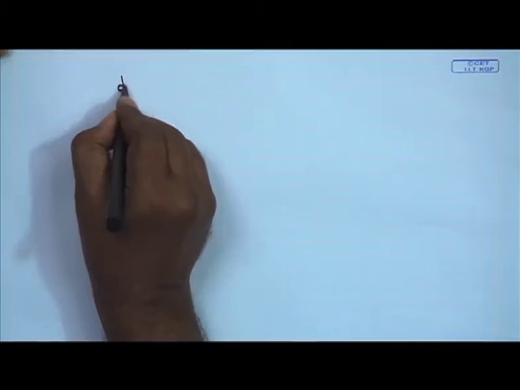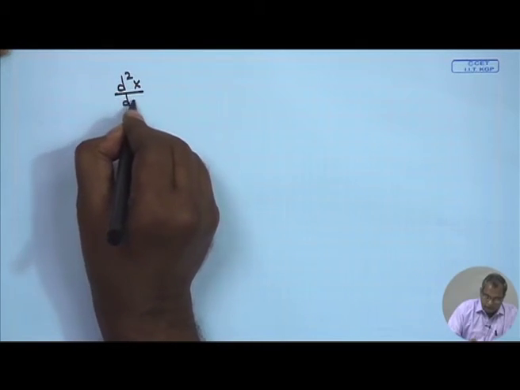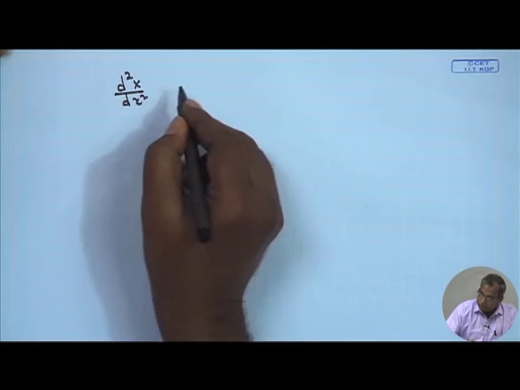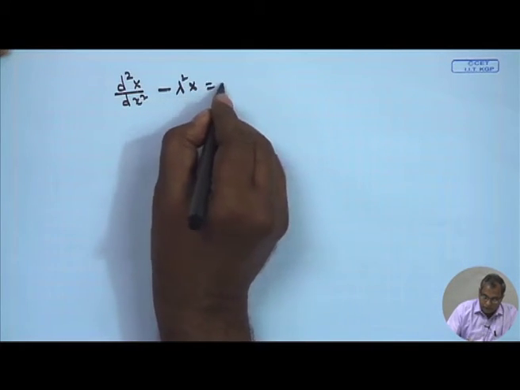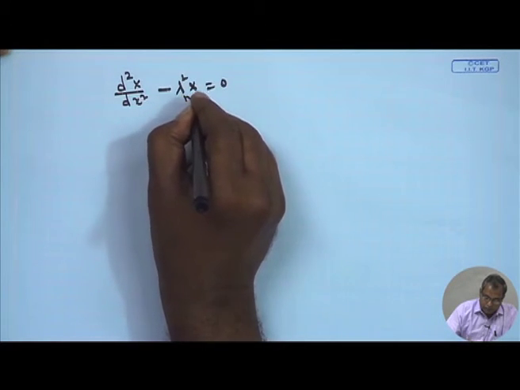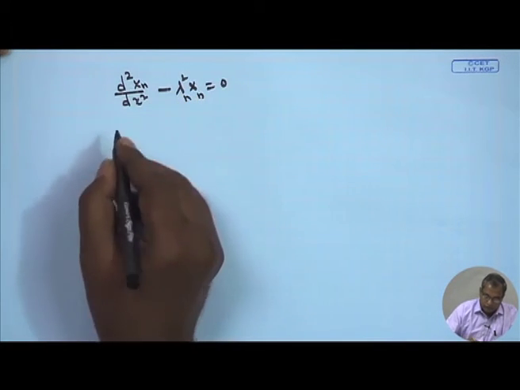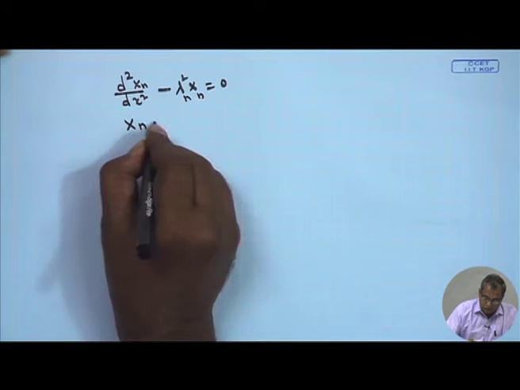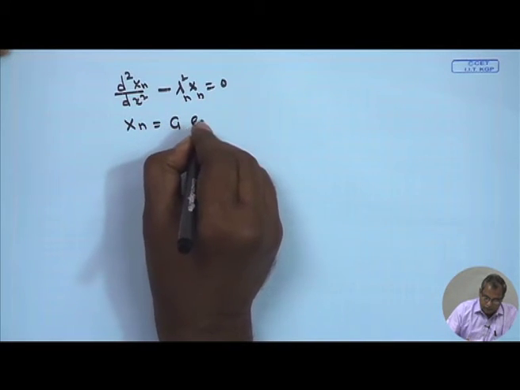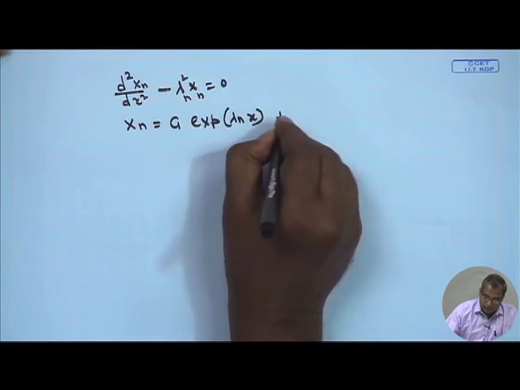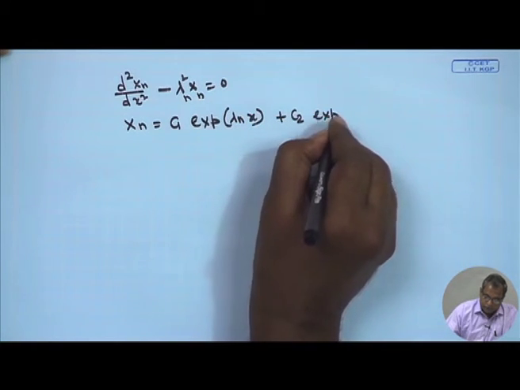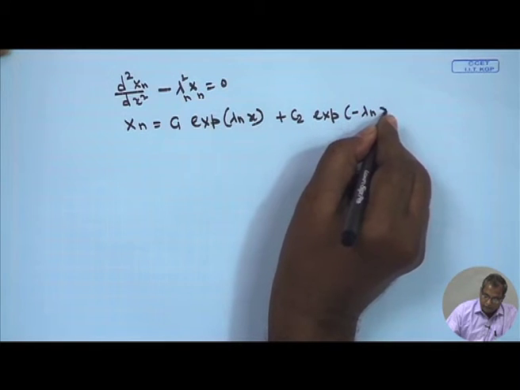If you look into the x varying part, we are going to get d²X/dx² - λ²X = 0. So, you can put n corresponding to the nth eigenvalue. Xn will be c1 exp(λn x) + c2 exp(-λn x).